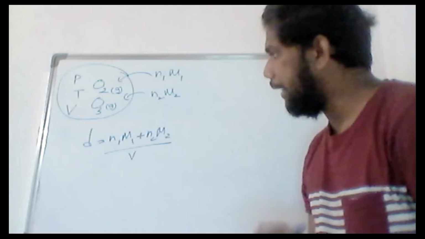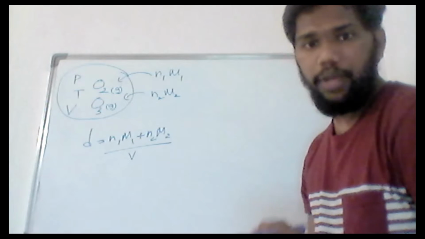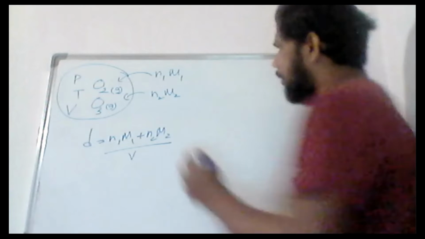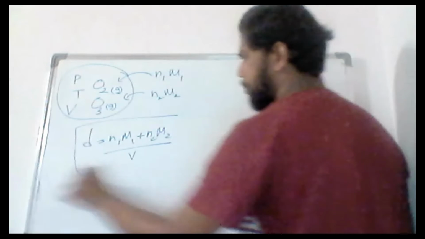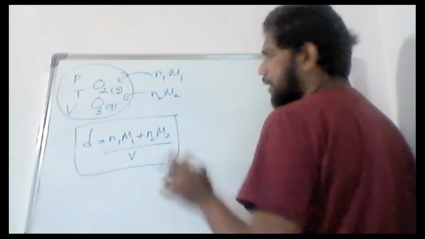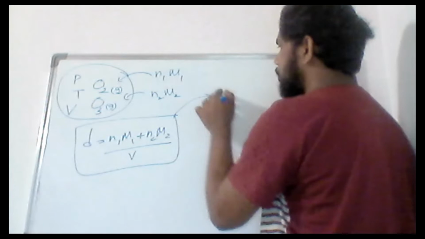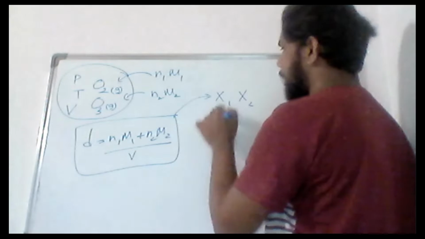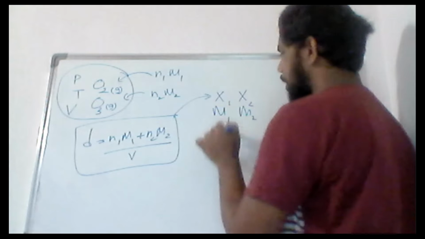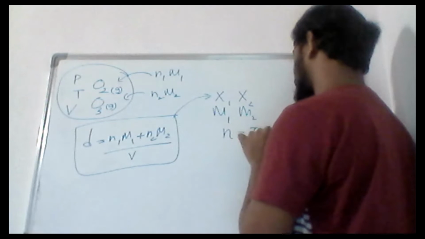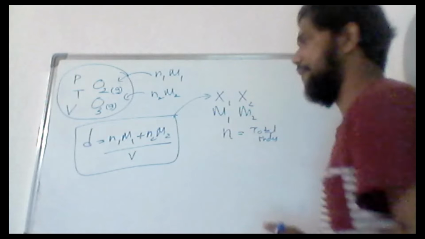For the first question, we have this expression. For the second one, additionally, they are telling us to use x1, x2, and M1, M2, and n, which is the total moles.